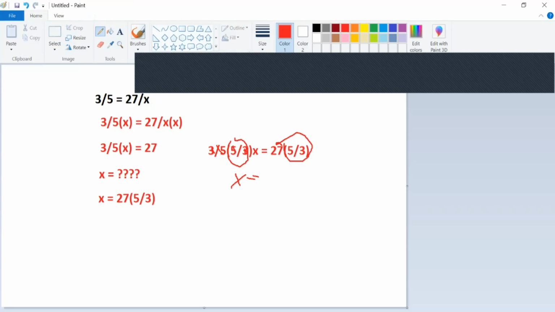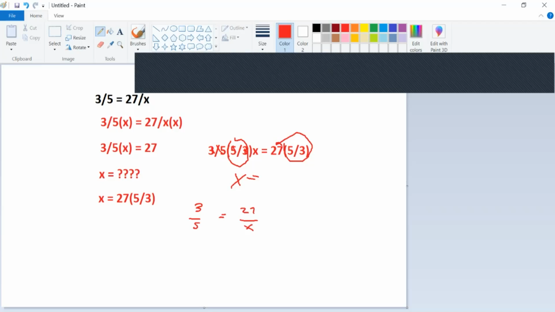Because really what we're saying is, 3 over 5 is equal to 27 over x, right? We want to solve for x. I've got to get x by itself on top and everything else on the other side. Why do we have to get the x by itself on top?